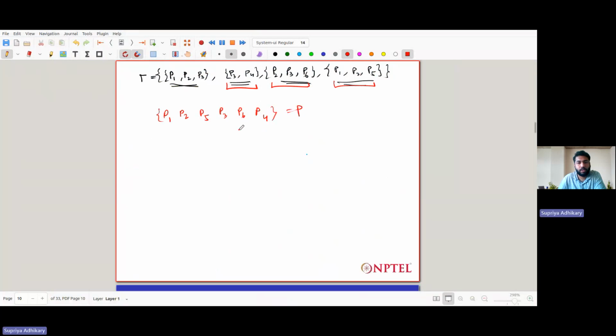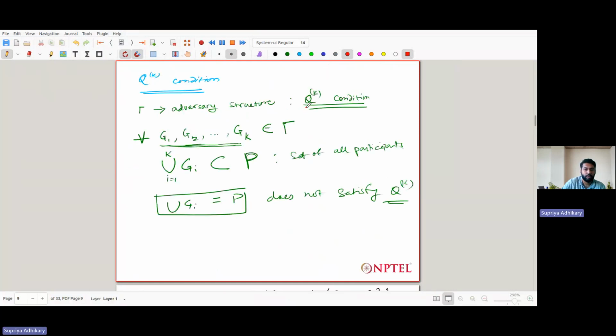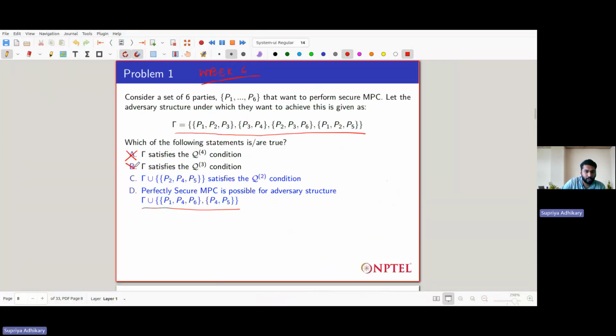So this is our set of all participants P. That means there exist three sets in this gamma such that the union of these three sets is the whole P. Therefore, we can again say that gamma does not satisfy the Q3 condition.